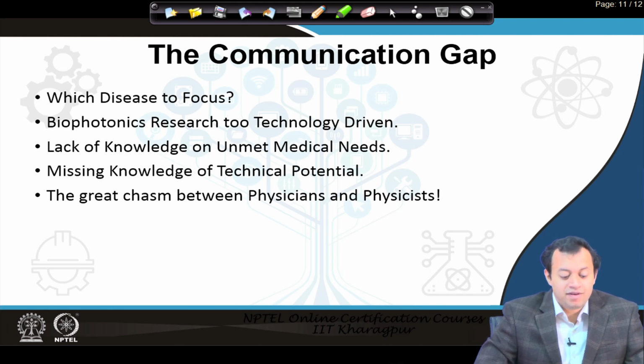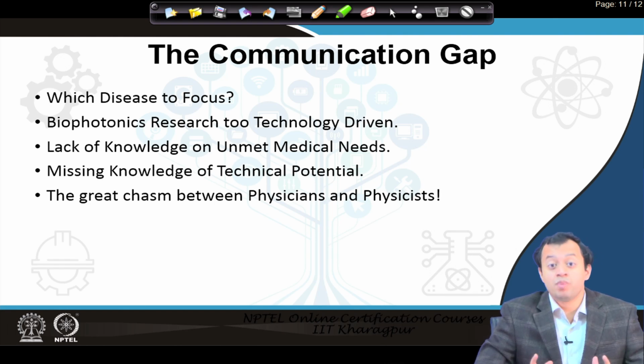And finally, my favorite, the great chasm between physicians and physicists. I jokingly tell my students that they are like vampires, right. Vampire is a very strong supernatural entity, but as soon as it sees sunlight, it weakens. Or Superman, the fictional superhero. Superman is man of steel, tremendously powerful, but as soon as Superman sees kryptonite, he becomes weak.